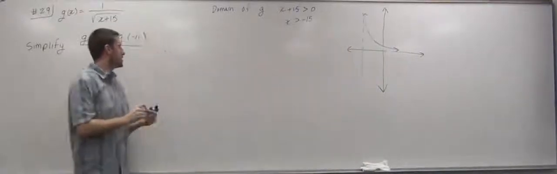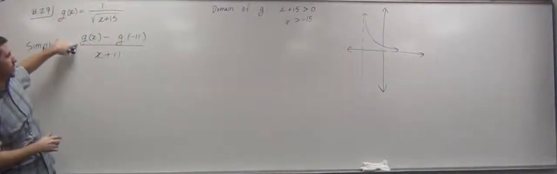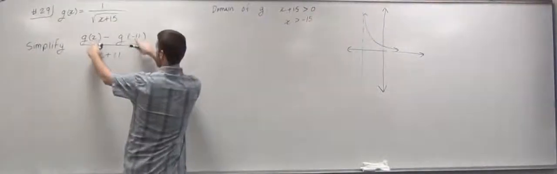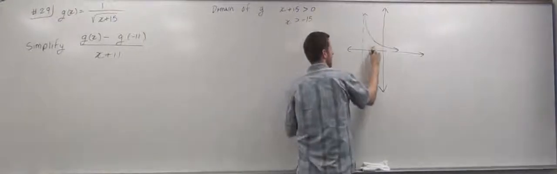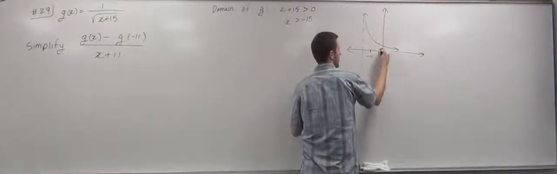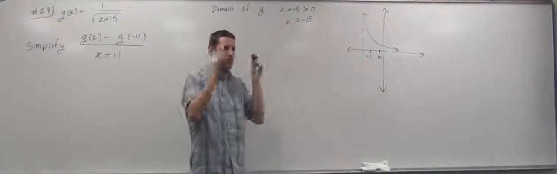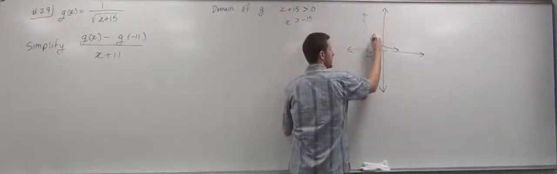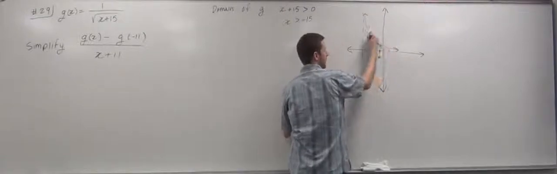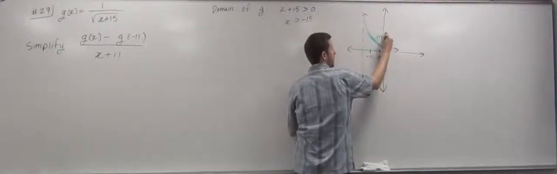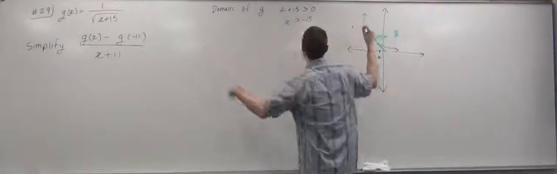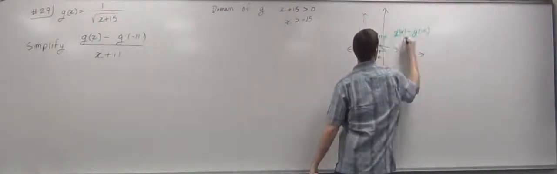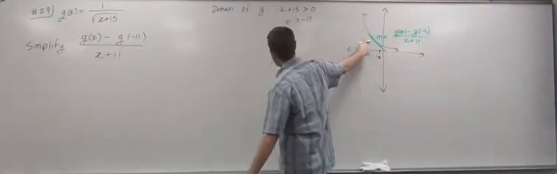But the point is, what does this represent on the graph? Right? This is saying if you pick x and you pick negative 11, so here's negative 11, here's some random x value, just whatever, it doesn't matter. And then you calculate the slope between the 2 points on the graph, this m will be what g of x minus g of negative 11 over x plus 11 equals, whatever the slope of that line is.